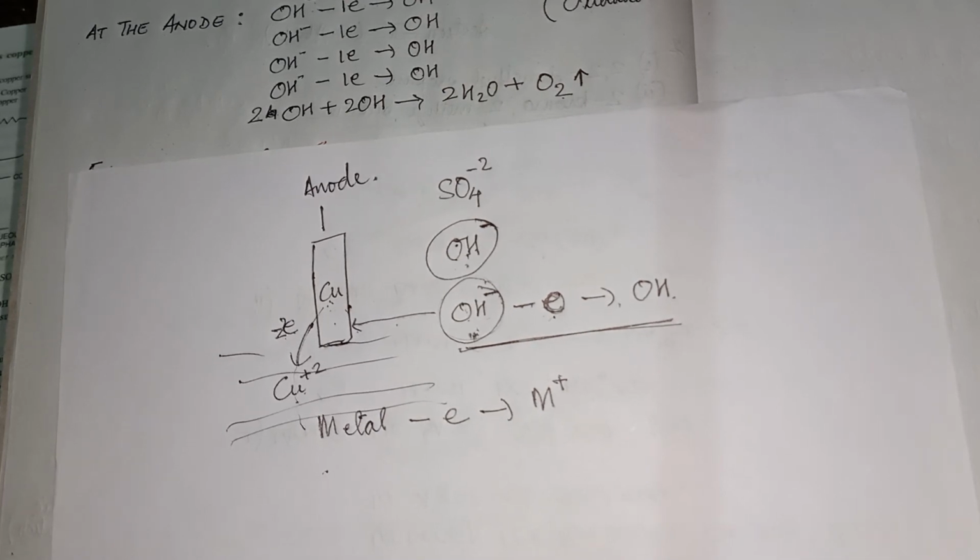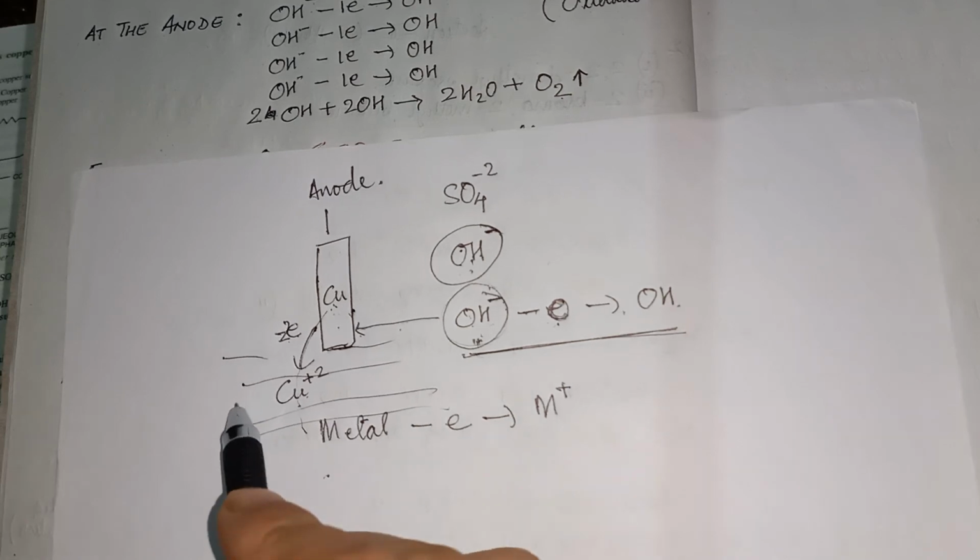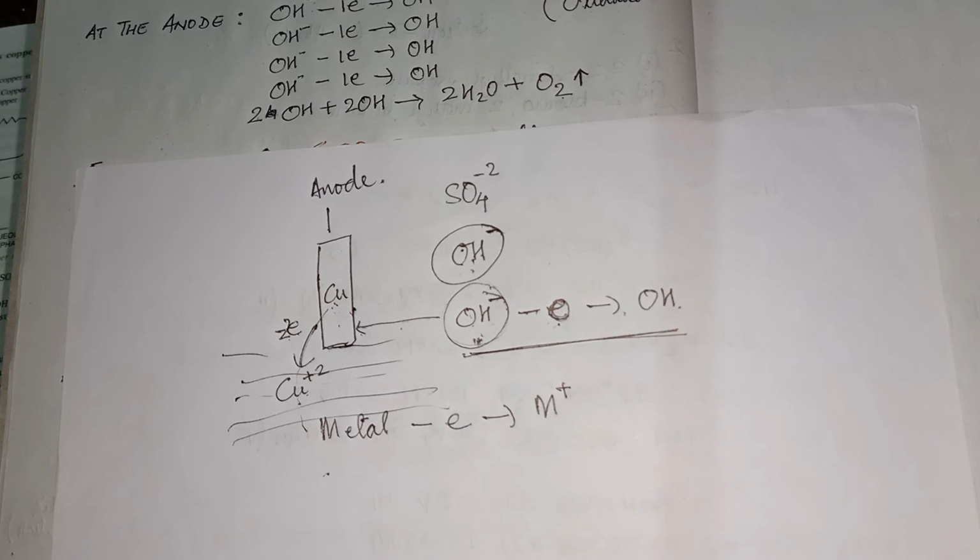So what product gets formed at the anode? We don't get oxygen at the anode like in the earlier electrolysis of copper sulfate. Over here we get copper ion being produced at the anode instead of oxygen gas, and this copper ion gets mixed with the electrolyte.